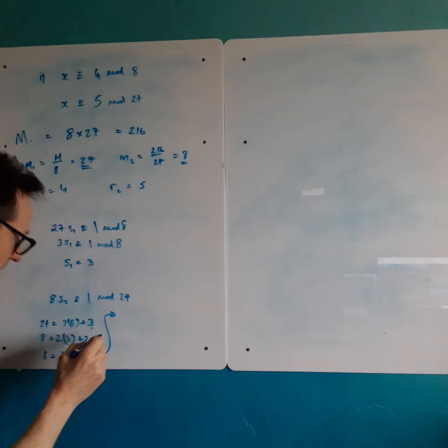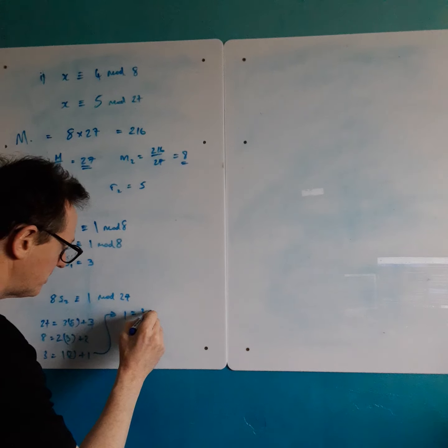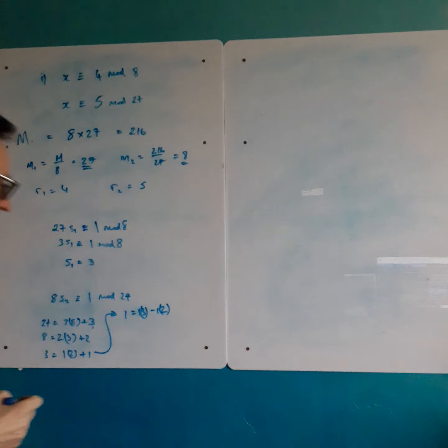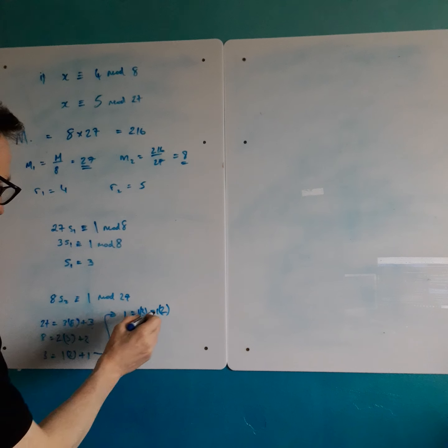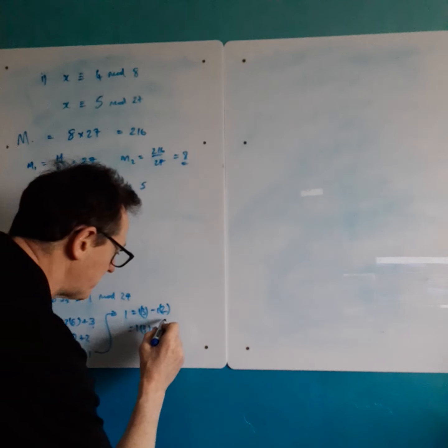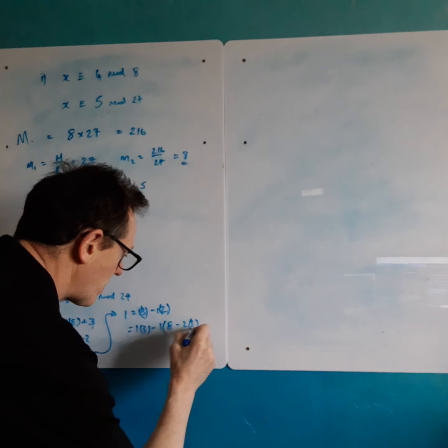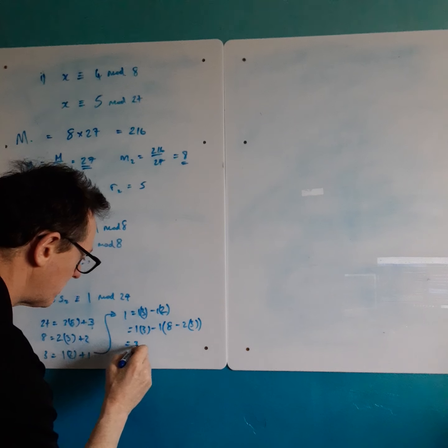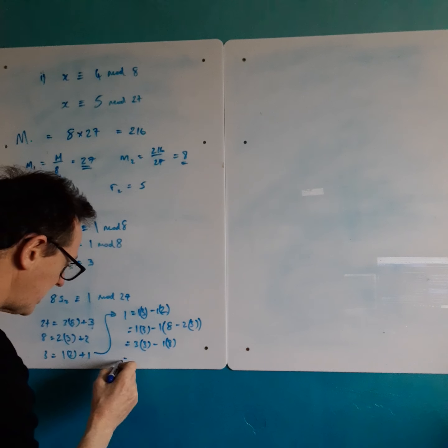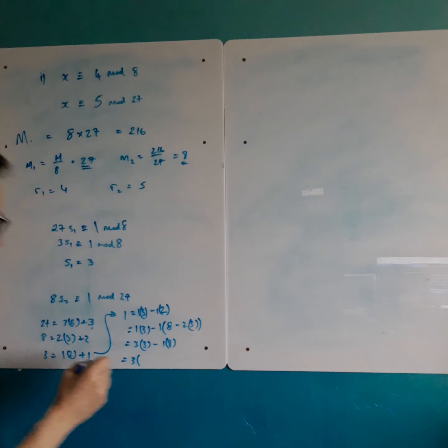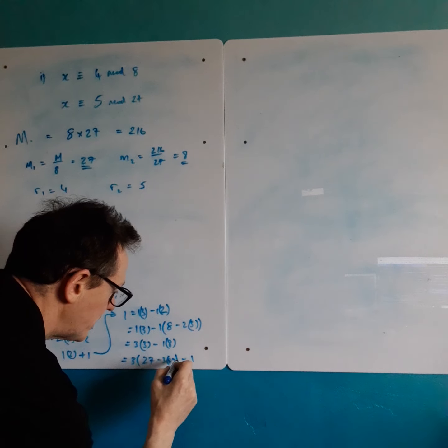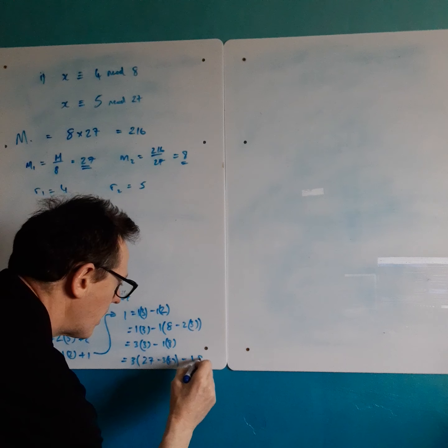Then I'm going to take that back up and go the other way. So 1 is equal to 3 minus a 2. I put 1 three minus 1 two, just to keep the form we've been doing all year. So I'm going to replace the 2, so that's equal to 1 three minus 1 times 8 minus 2 threes, which is basically 3 threes minus 1 eight. Then I replace the 3 with 27 minus 3 eights, minus the 1 eight.